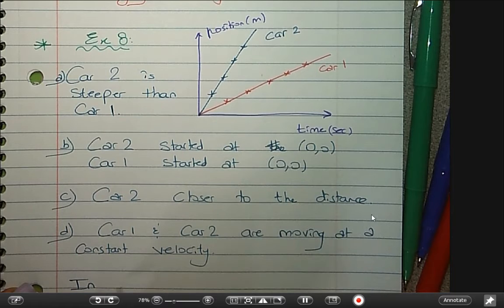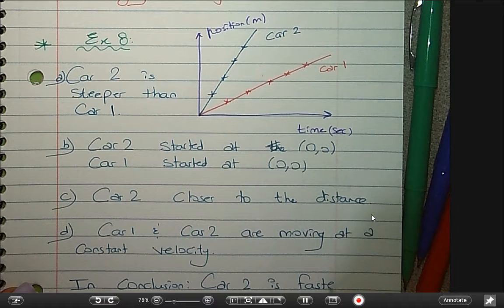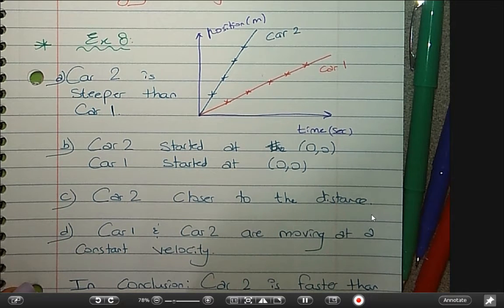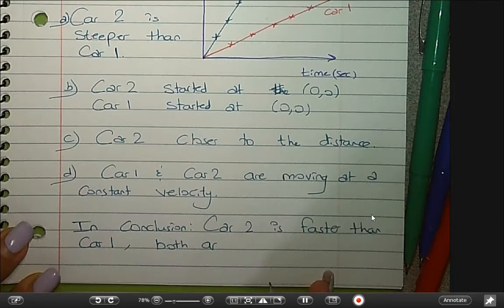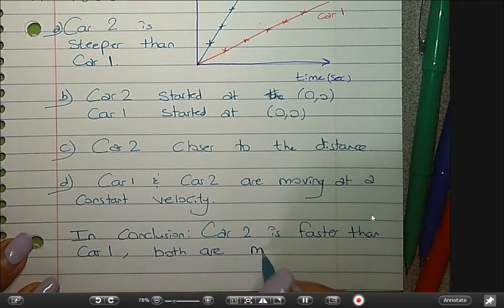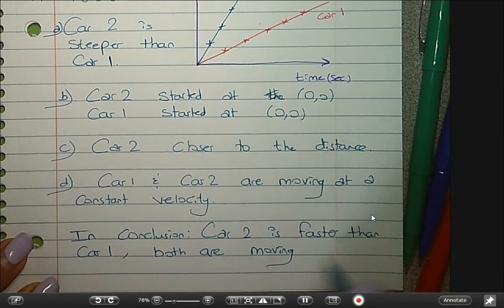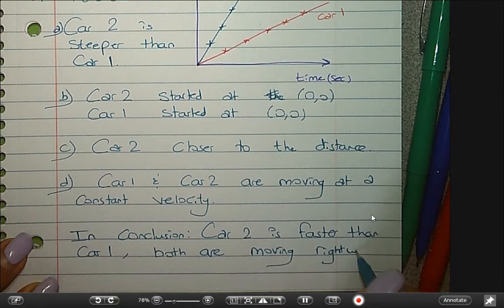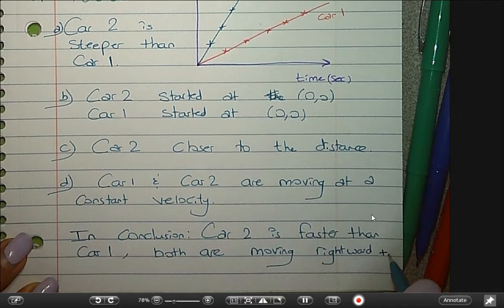In conclusion, car 2 is faster than car 1. Both are moving rightward, which is positive.